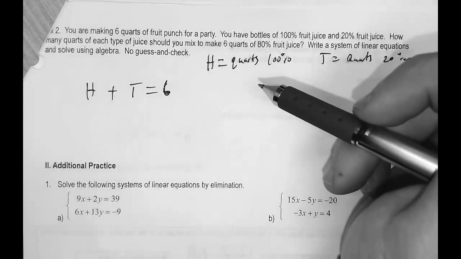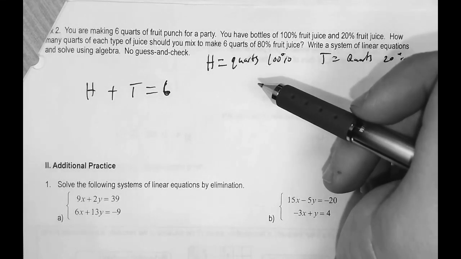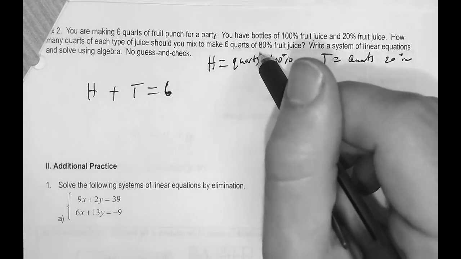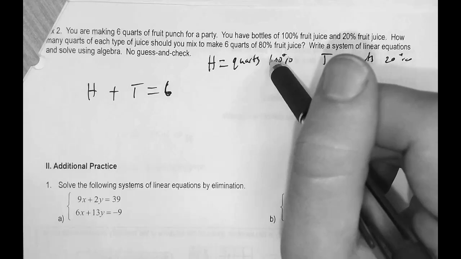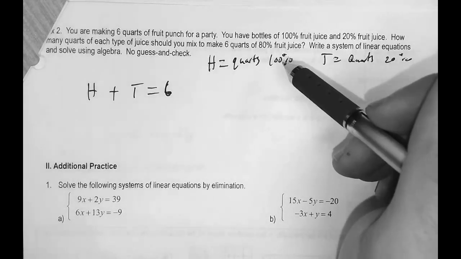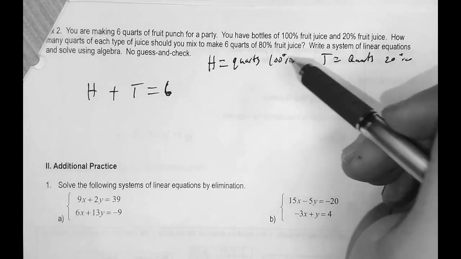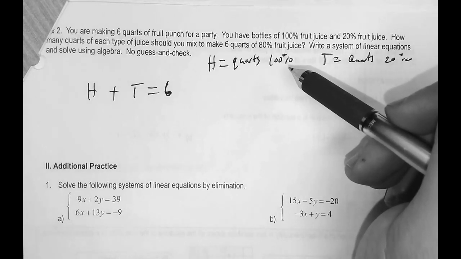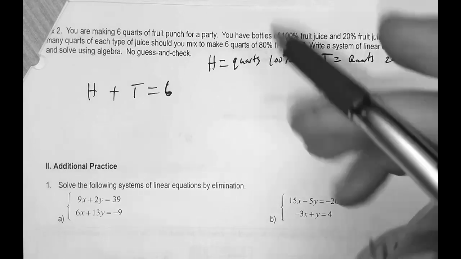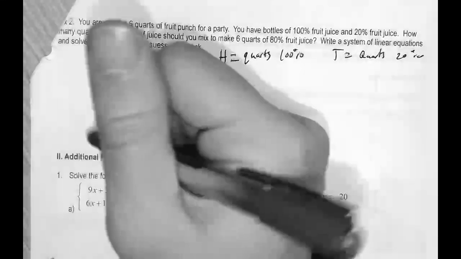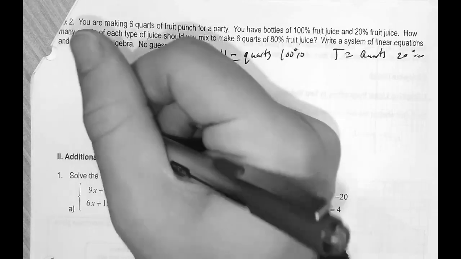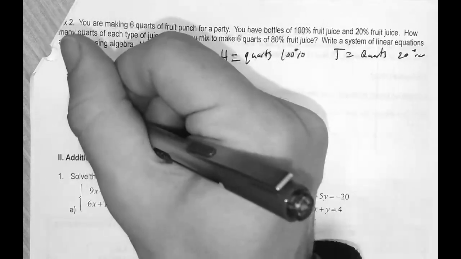We also need to make 6 quarts of 80% fruit juice. So we have 100%, and then we have 20%, and then they come together to make 80%. So that means if we weight them, you can imagine 100% as just kind of 1.